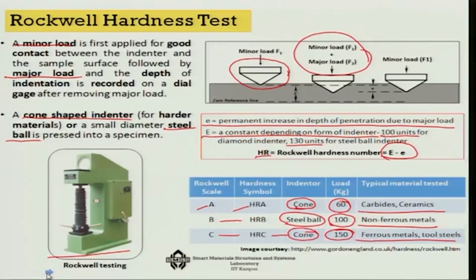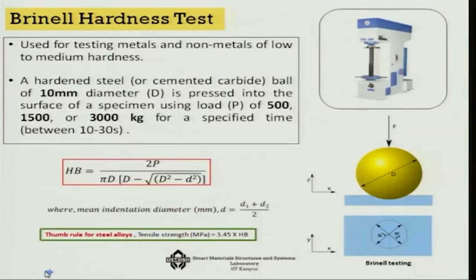Now, the other one that is also very popular is called the Brinell hardness test, and this is used for testing metals and non-metals of low to medium hardness. So, Rockwell hardness includes ceramics also, whereas in this case it is mostly for metals and non-metals of low to medium hardness.